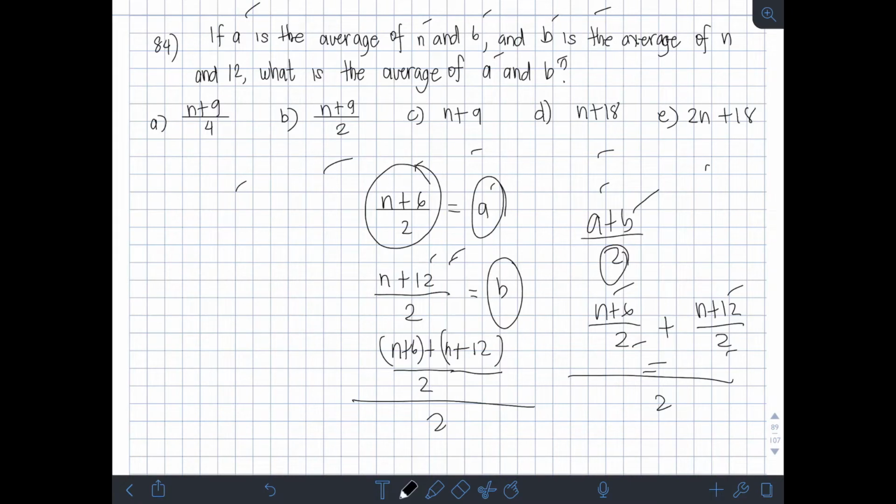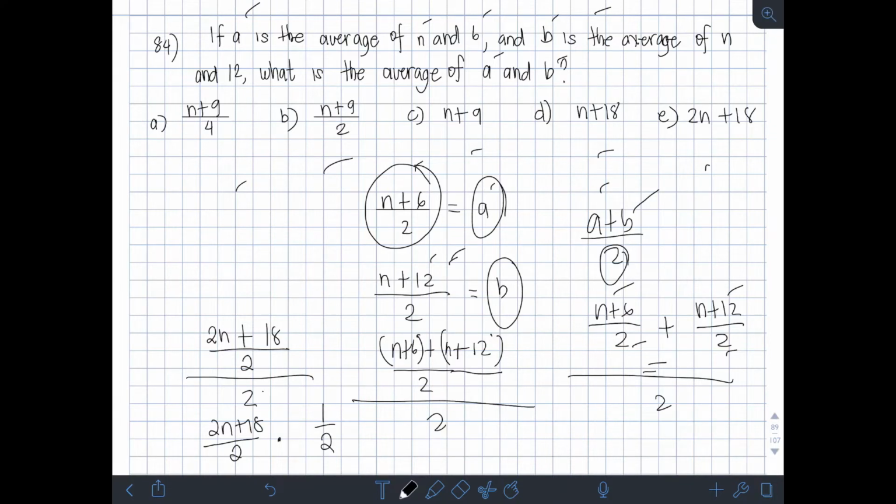So simplify natin to. N plus n is 2n. So 2n plus 6 plus 12 is 18, all over 2. And then divided by 2. So itong divided by 2, pwede yung maging multiply natin sa reciprocal ng 2 over 1, 1 half, right?